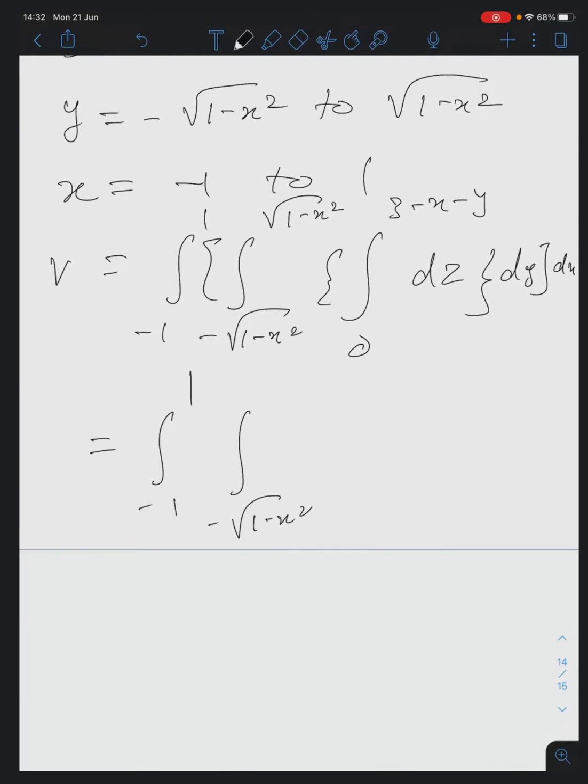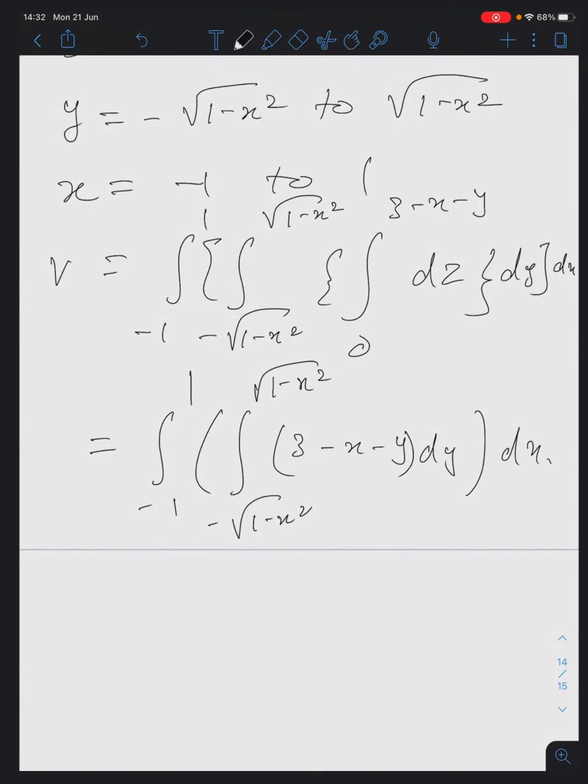1 minus x square to root over of 1 minus x square. The result will be 3 minus x minus y. Okay, upper and lower limit. If you substitute, this is what you will get. Now this whole thing needs to be integrated with respect to y, so y and then dx.